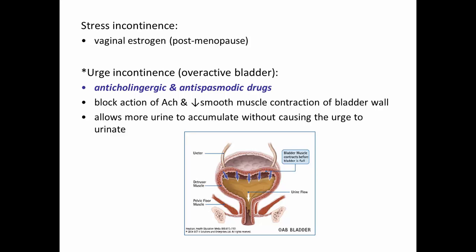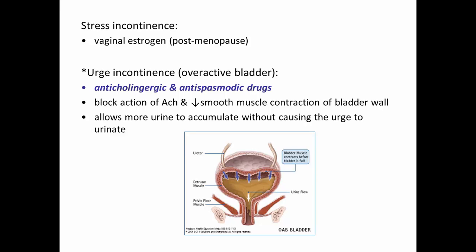The only thing for stress incontinence is in postmenopausal women who have low levels of estrogen. Vaginal estrogen may actually help, in combination with Kegel exercises, in strengthening those pelvic floor muscles. Urge incontinence or overactive bladder can be treated with anticholinergic or antispasmodic drugs.